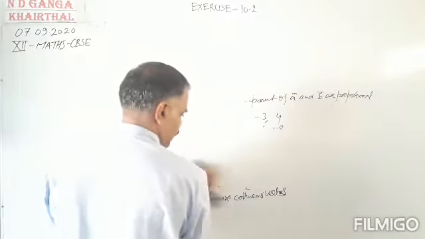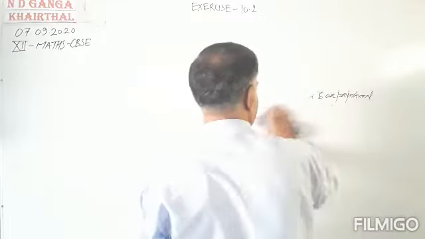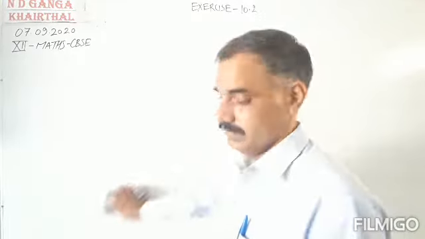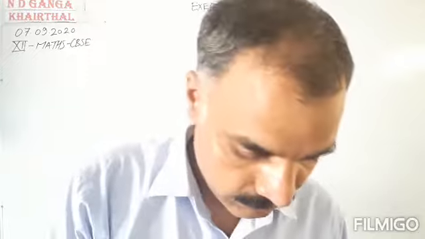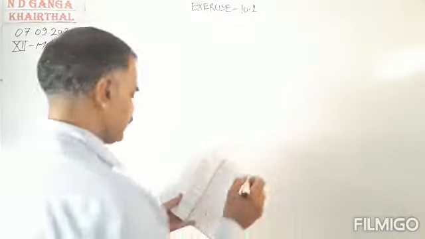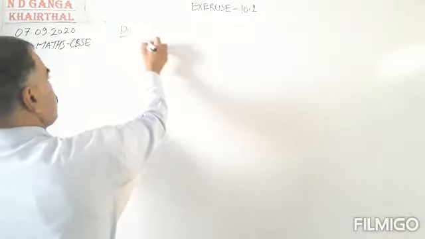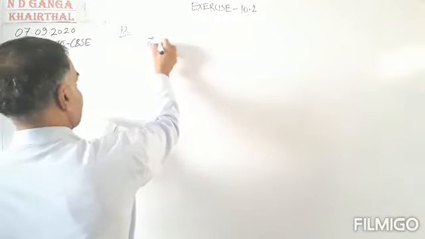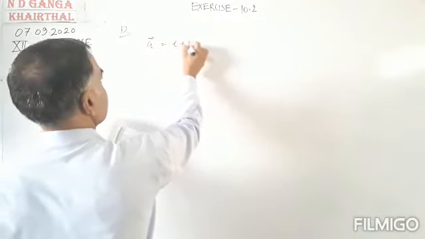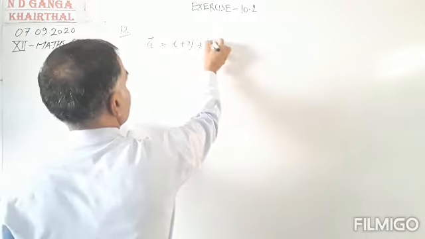We have to find the direction cosines of the given vector a, that is i plus 2j plus 3k.